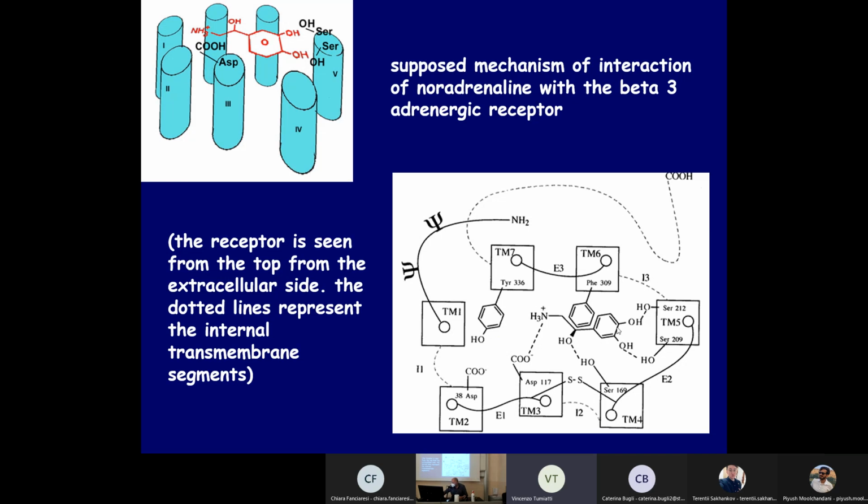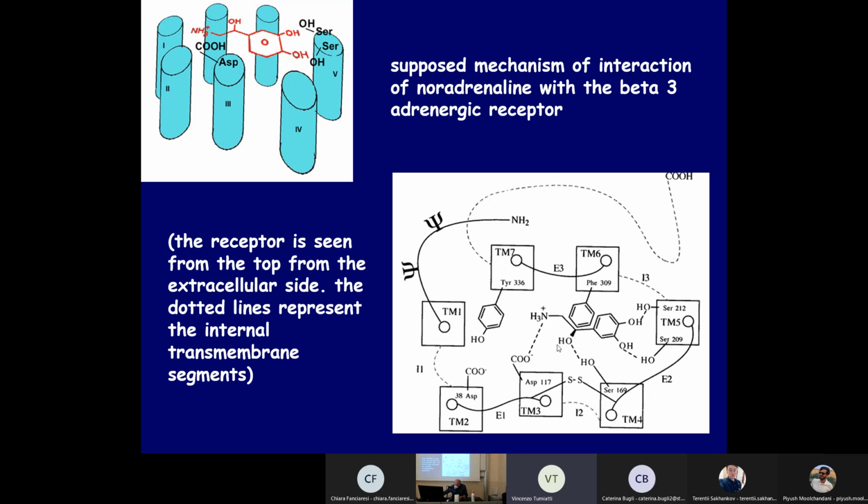Once again, the aromatic catechol ring is able to interact, pi-pi interaction, with an aromatic residue of a phenylalanine, pi-pi interaction. Okay. The 2 catechol OH, one with the serine 212, you see hydrogen bond, and the second one with the serine 209, okay.